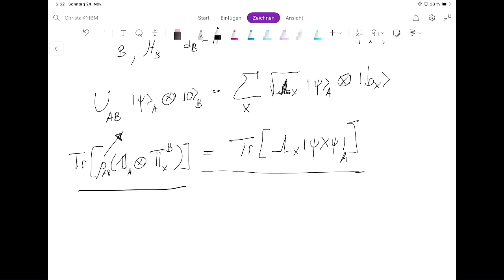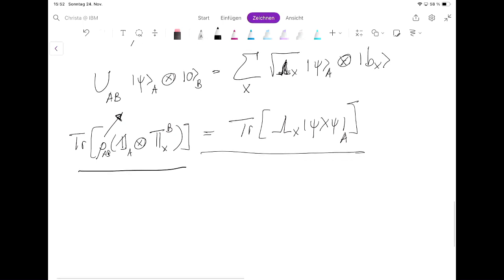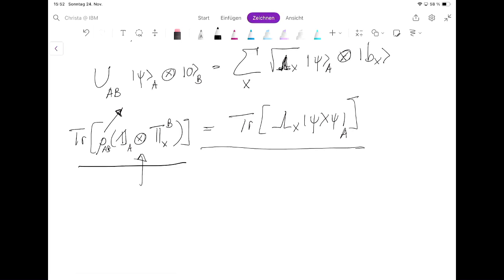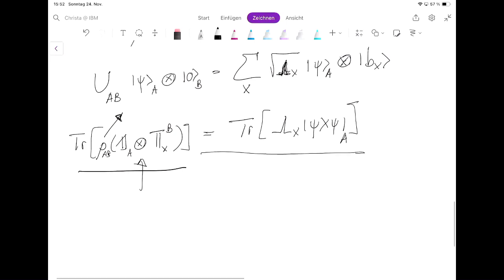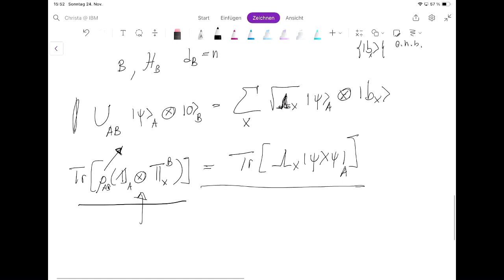Now, as I told you, this is not a very economic construction because I'm actually making a very large space here. There are proofs that you can do this with essentially an enlarged space where the total dimension of A and B is equal to the number of possible outcomes. Of course, you also need to check that this unitary is well defined before you can actually claim that you solved the problem.